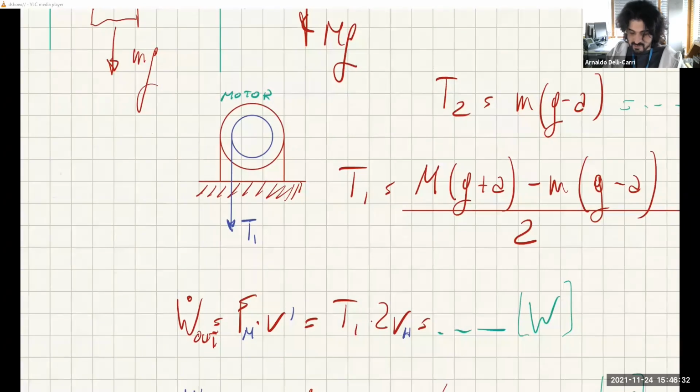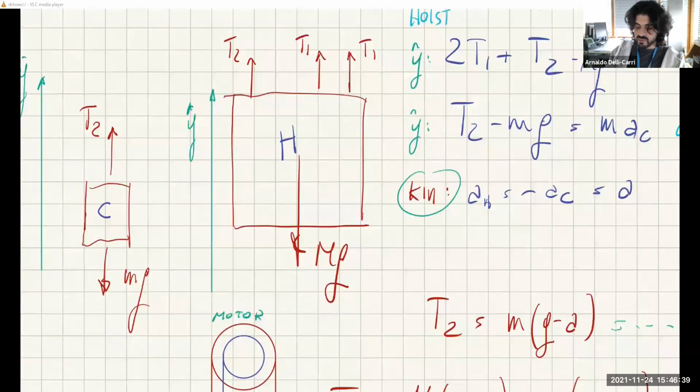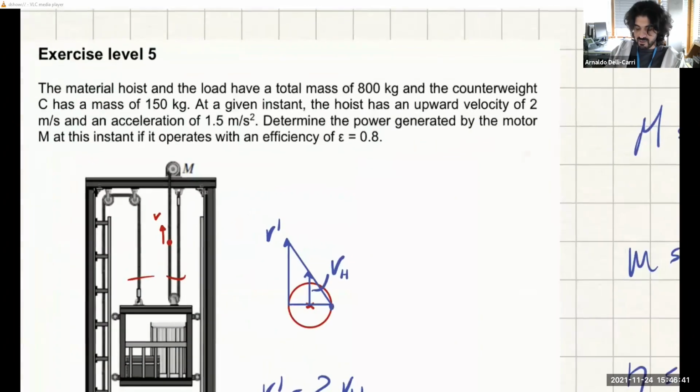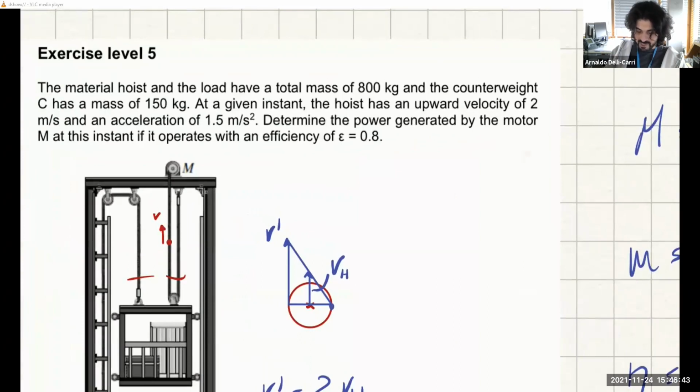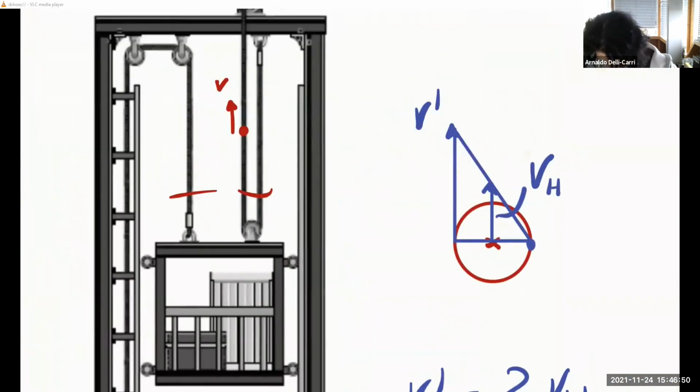This is the only thing. And we know that the power is the force generated by the motor times the velocity at which this force is moving. Now, the velocity of this cable is not the same as the velocity of the hoist. You should agree with me that this pulley here is rolling up onto this strand of rope.